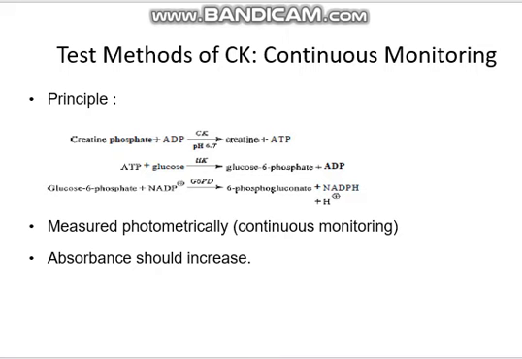And this is a colored substance. Okay, and you can do the measurement, absorbance reading every minute. We expect that there is an increase in absorbance every minute. That is why we call it continuous monitoring.